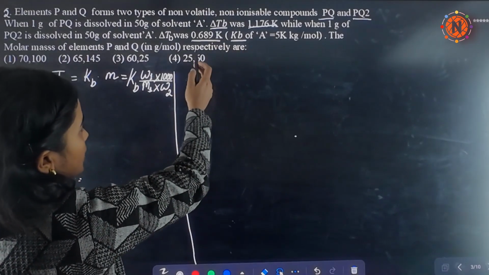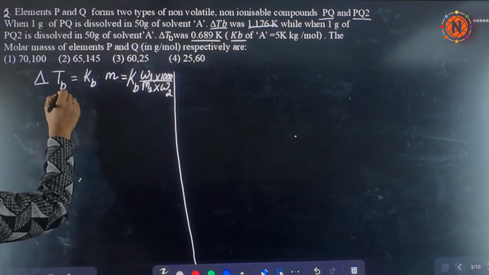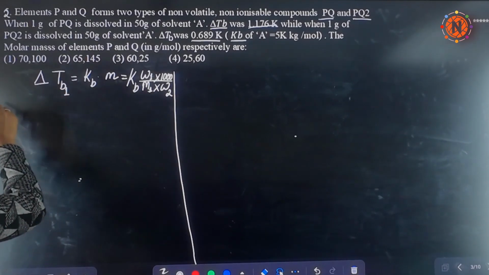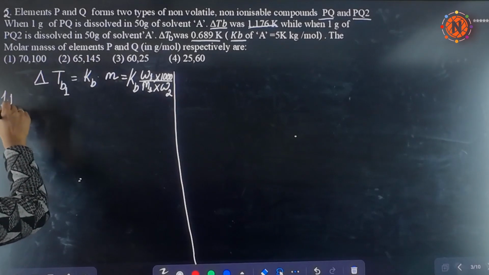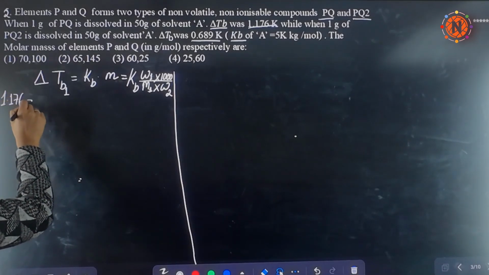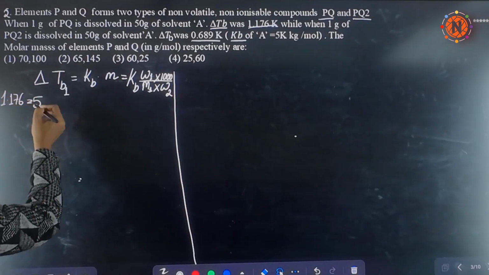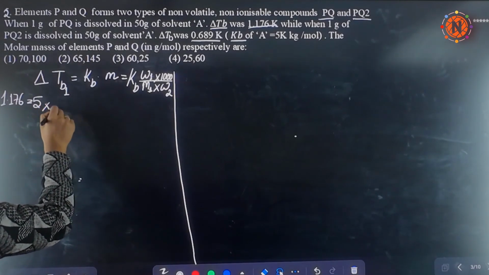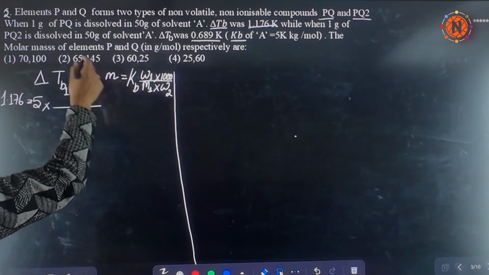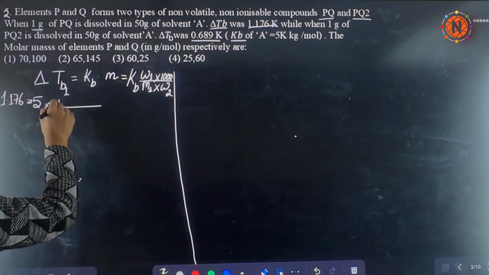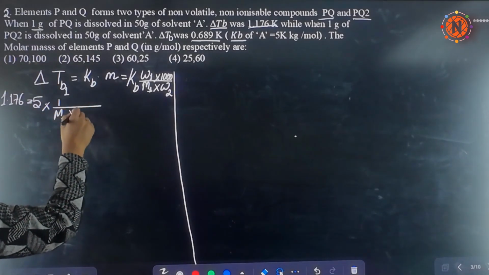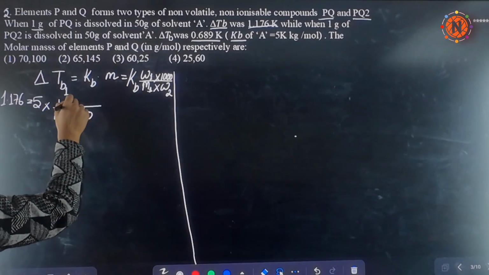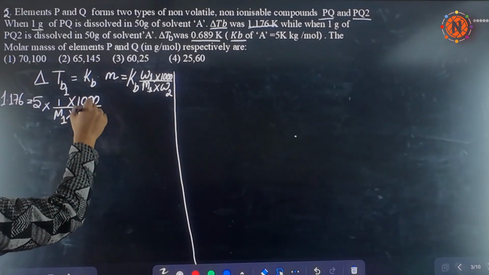Let us consider for PQ, delta TB1. The delta TB1 value is given to us, that is 1.176 equals 5 into molality, where 1 gram of solute is given to us. Molar mass of the solute we don't know. Mass of the solvent is 50, into 1000, right?